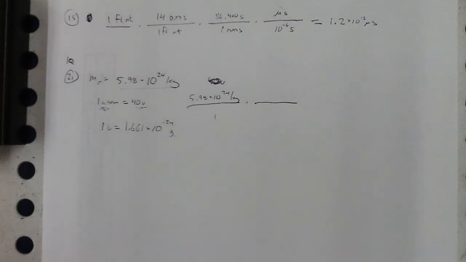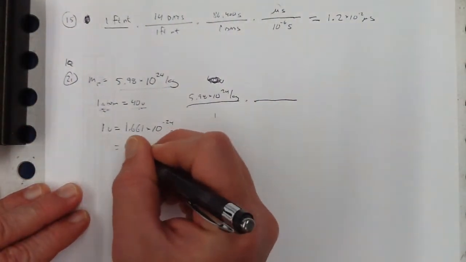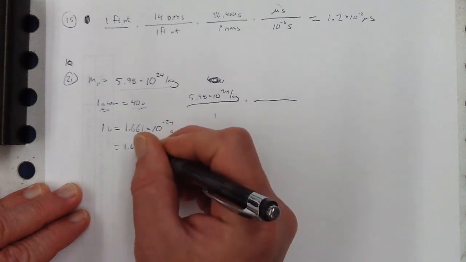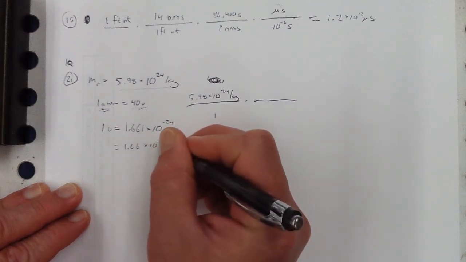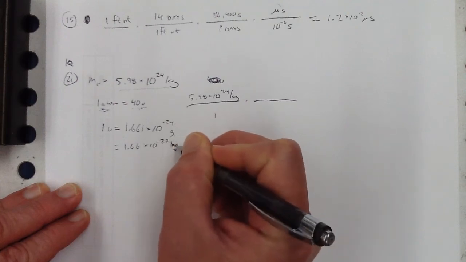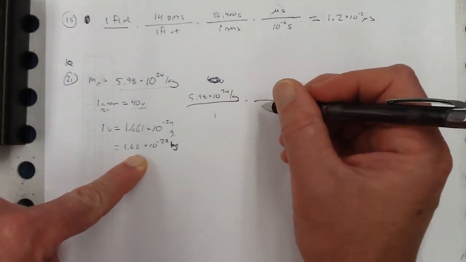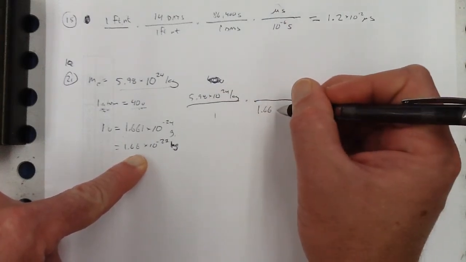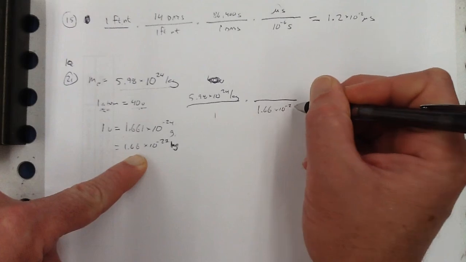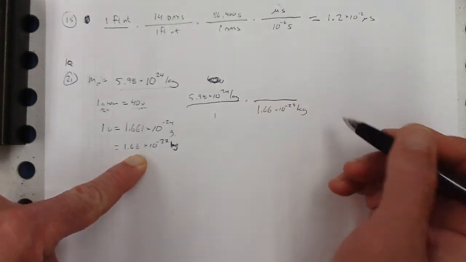All right, so let's see. I think I'm just going to do it in one shot. So 1.66 times 10 to the negative 27 kilograms. If I were to remember it, that would be the number that I'm going to remember. So here, I've got 1.66 times 10 to the negative 27 kilograms, putting that on the bottom because I would like those to cancel out.